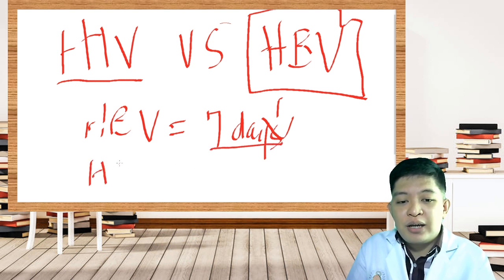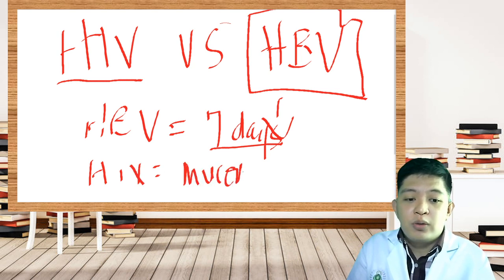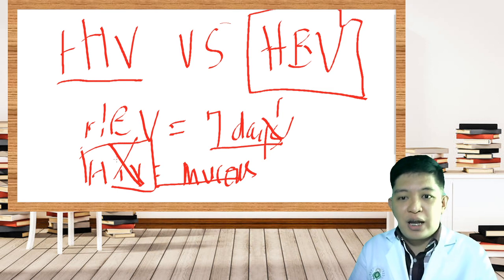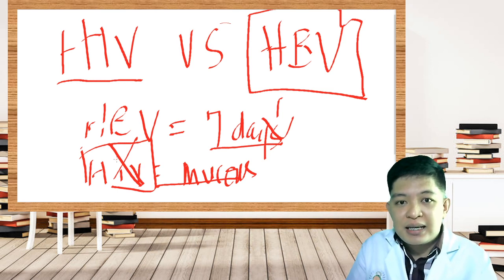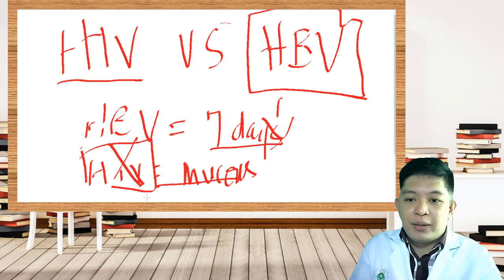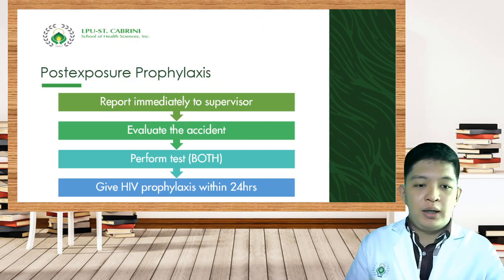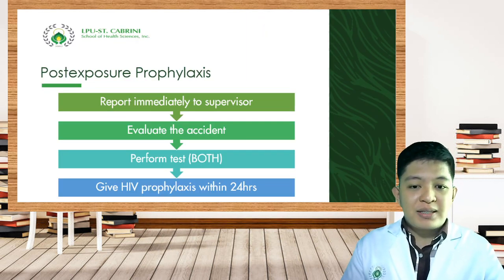At yung HIV, within a minute na wala siyang mucus, without mucus, yung HIV virus mo, I'm sorry, it's wrong to say HIV virus. Yung HIV ay nasisira na agad. Okay? So, ibig sabihin, between hepatitis B and HIV, mas nakakatakot, no?